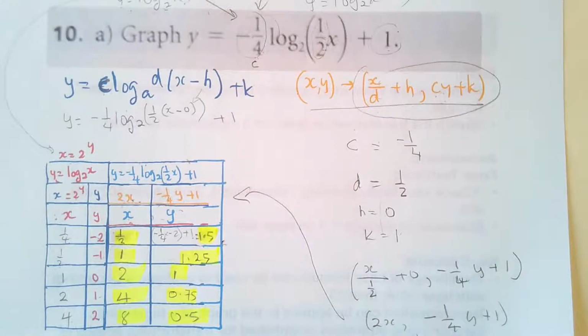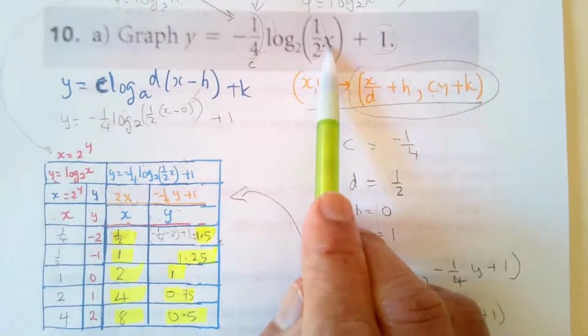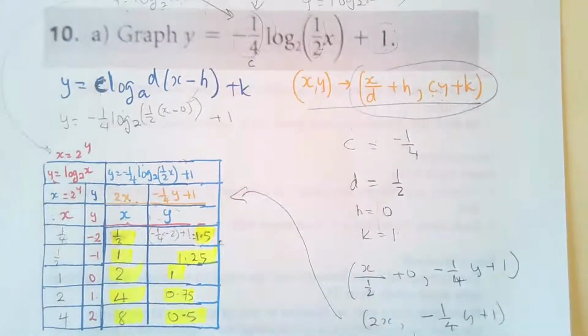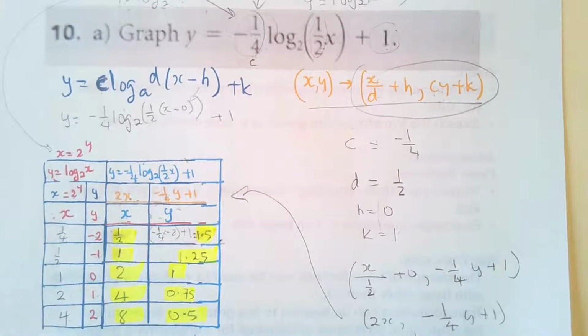And since there's no horizontal translation, our asymptote is x equals 0. So there's no y-intercept. You could actually find the x-intercept by letting y be 0 and solving for x.